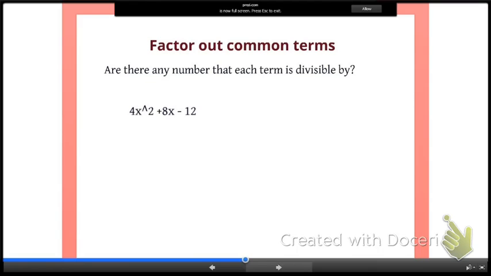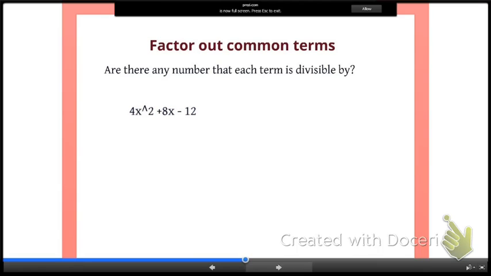The second thing you need to look at in factoring is to see if there are any common terms that you can factor out. In this case, we can look at our leading coefficient and we see that it's 4. Then we could say, alright, well, that may be a tough factoring problem, but let's look at the other terms. This is 8 and this is 12. These are all divisible by 4.